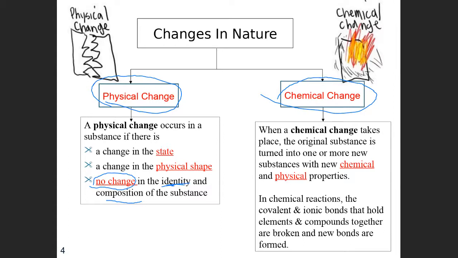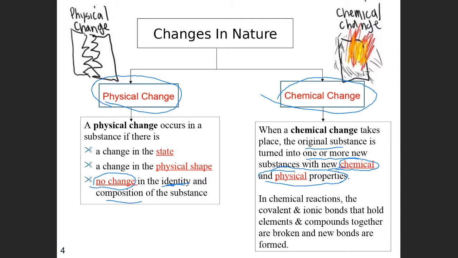While chemical change takes place if the original substances are changed completely to one or more new substances with new chemical and physical properties. So the newborn matter is completely different from the original one.